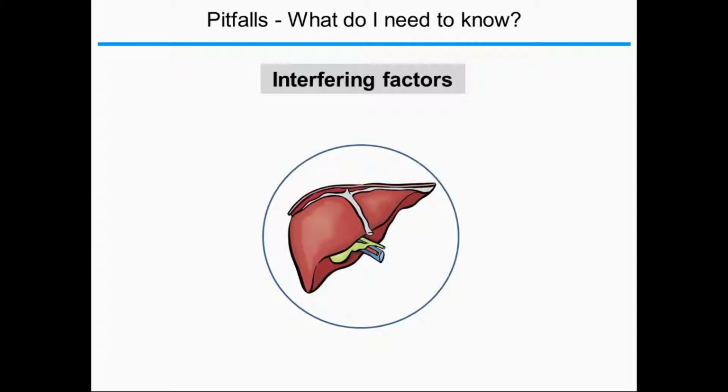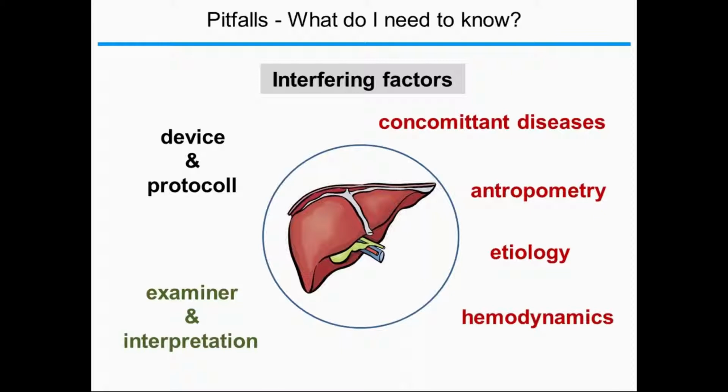However, when interpreting liver elastography results, we need some knowledge about interfering factors. I guess Giovanna will tell us something about the underlying technical factors, but there are things like device and protocol which need to be considered, and also the examiner needs to be qualified and needs to take many clinical points into account when interpreting the results.